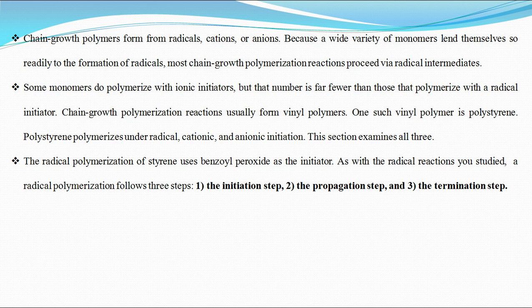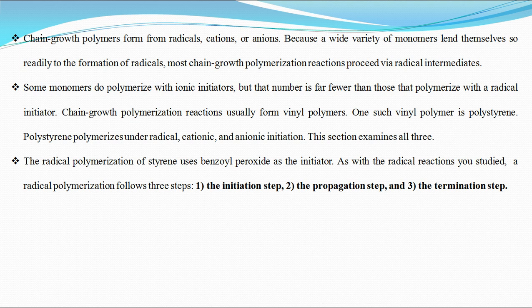Chain growth polymerization reactions are usually from vinyl polymers. One such vinyl polymer is polystyrene. Polystyrene polymerizes under radical, cationic, and anionic initiation. This section examines all three.